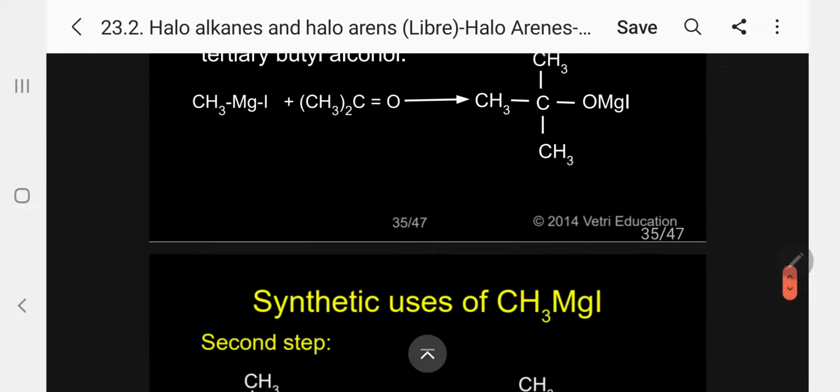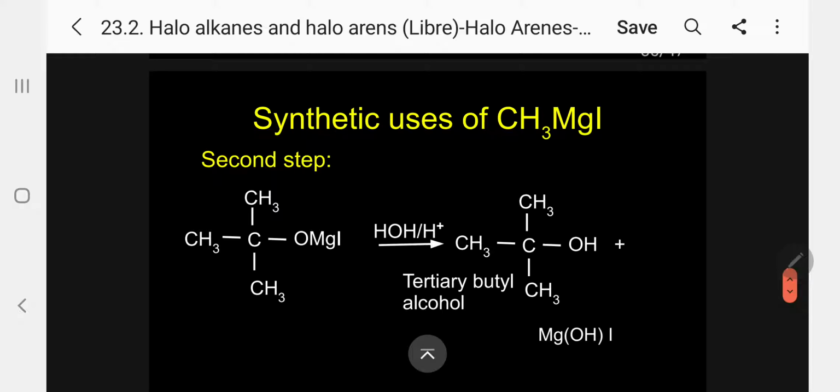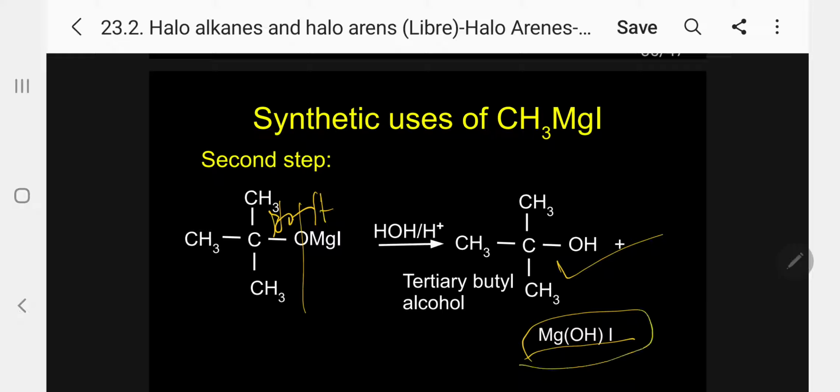That is an intermediate. This intermediate on hydrolysis as usual gives the OH and H. Kindly follow. This is the tertiary butyl alcohol, and Mg(OH)I is always the common product.